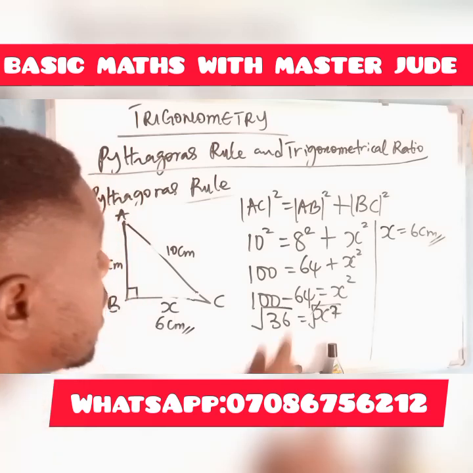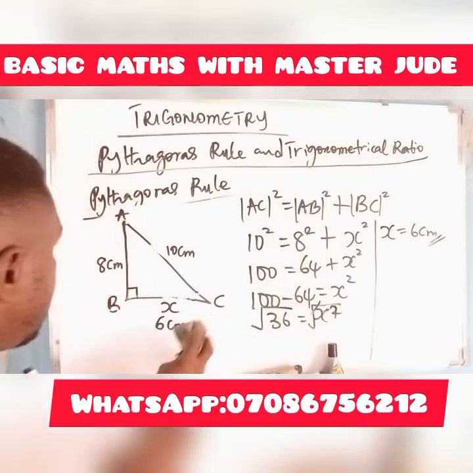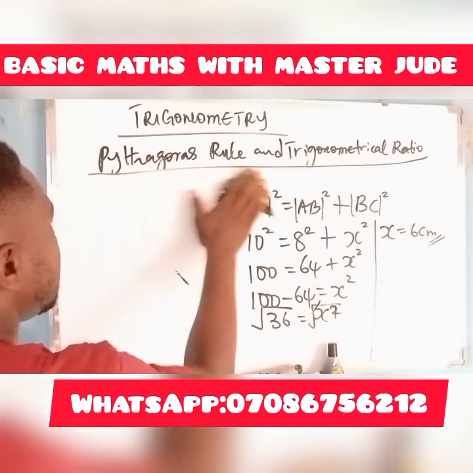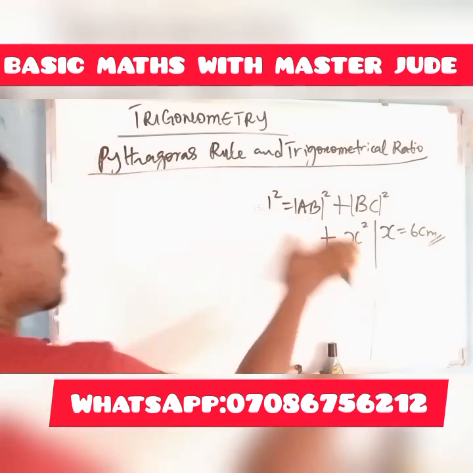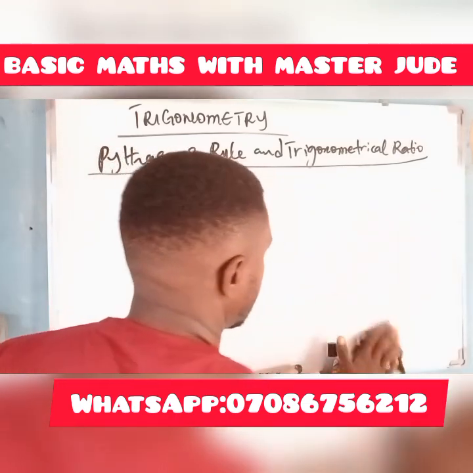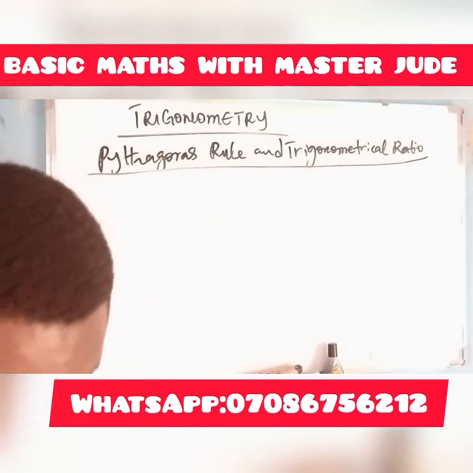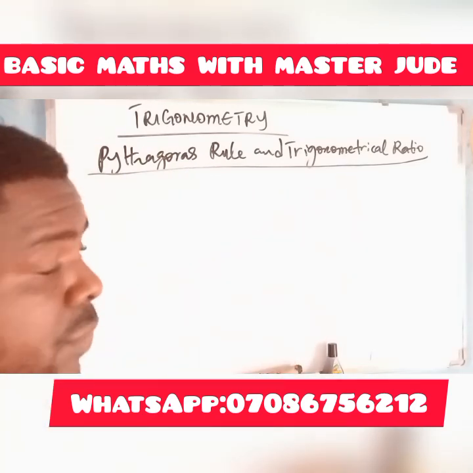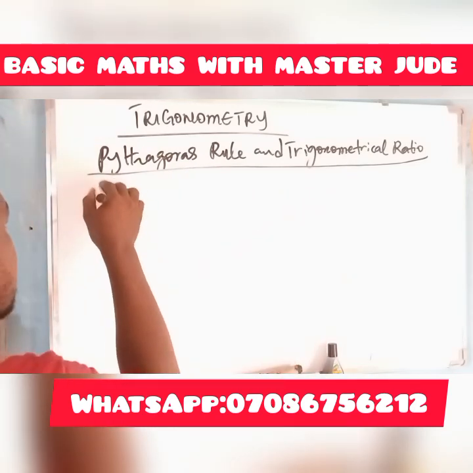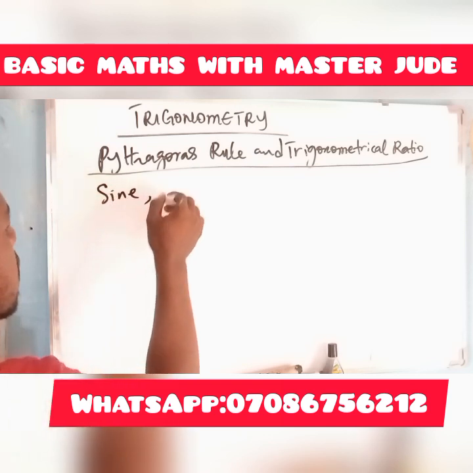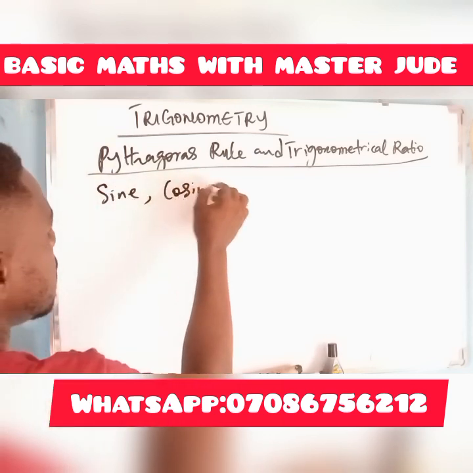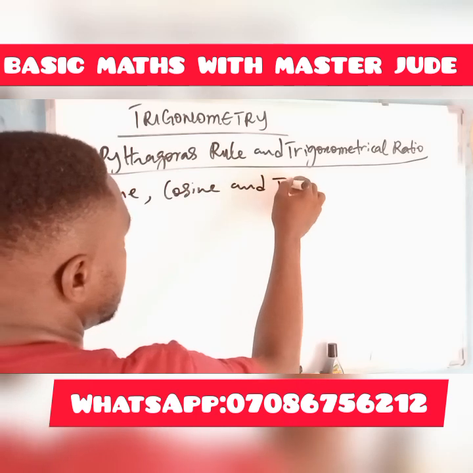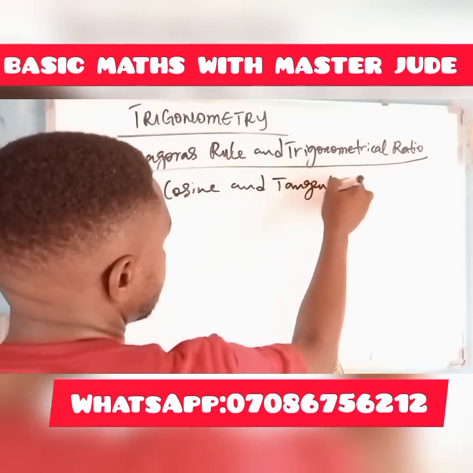Let's go to trigonometrical ratio. Under trigonometrical ratio, we have 3 trigonometrical ratios. There are 3. We have the sine, we have the cosine, and lastly we have the tangent.